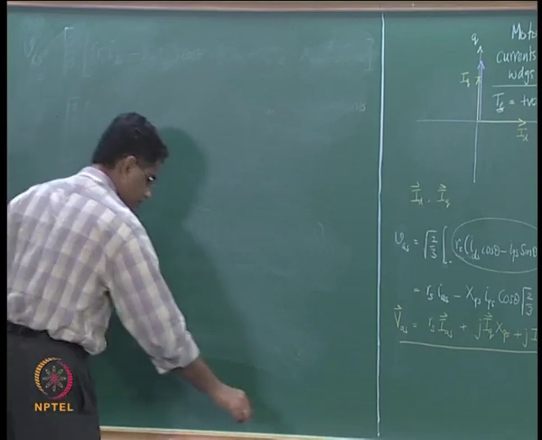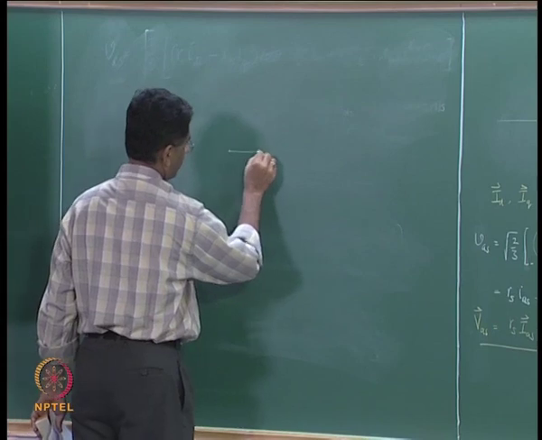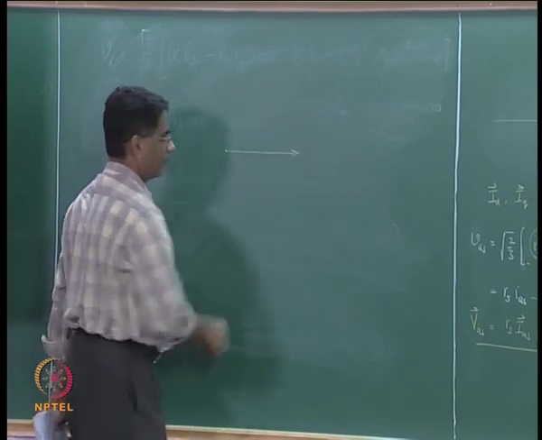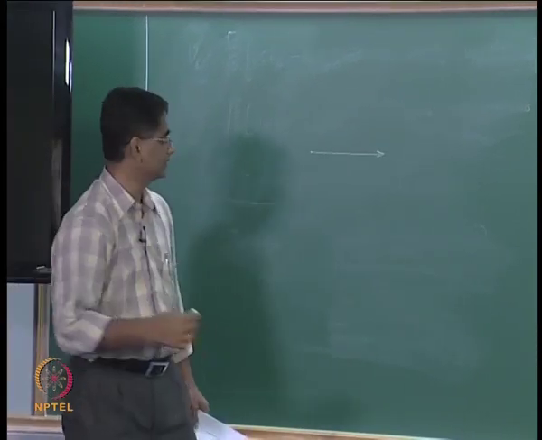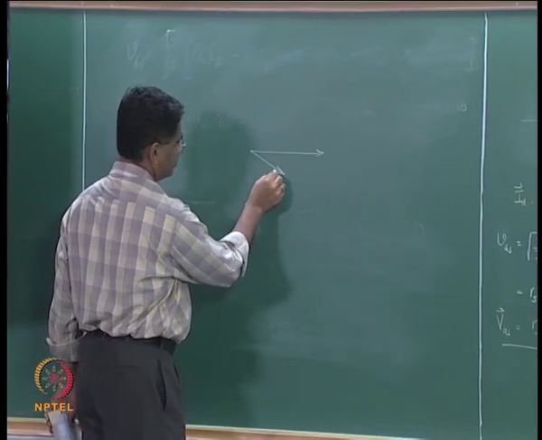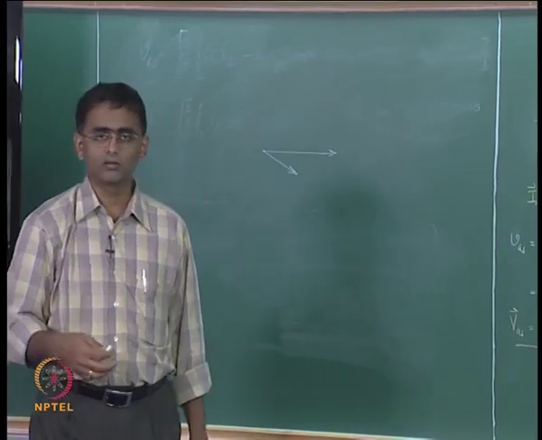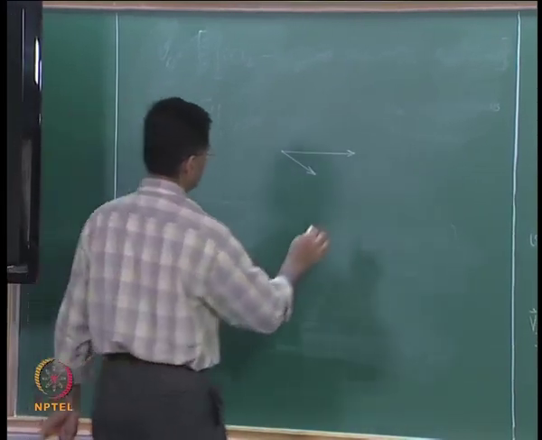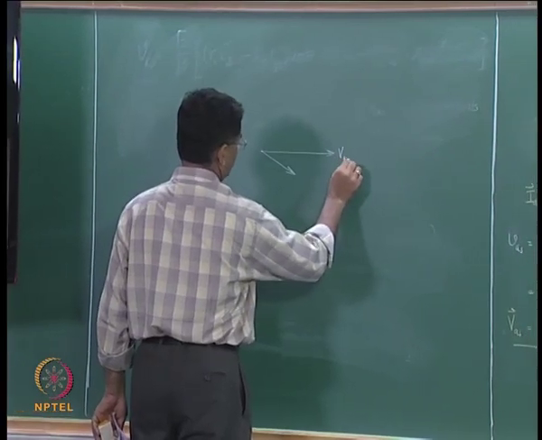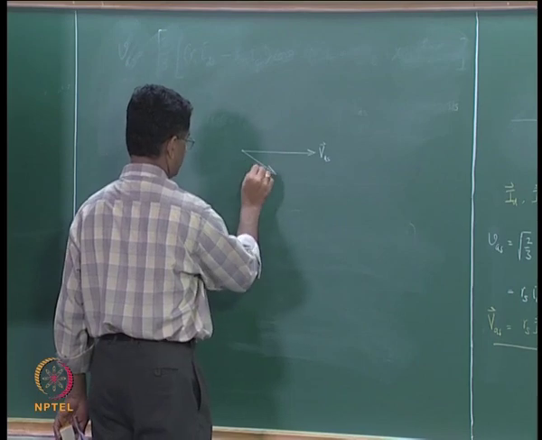We would know, for example, that if we take the phase voltage as a reference, the phase current may be acting in a lagging mode. So, we know that VAS is here and we know that IAS is here.